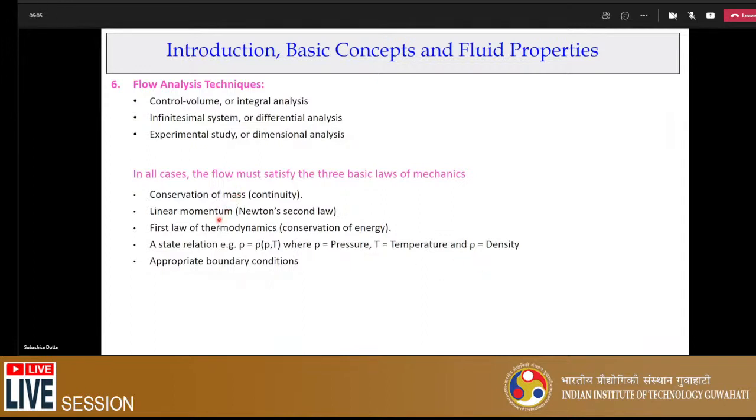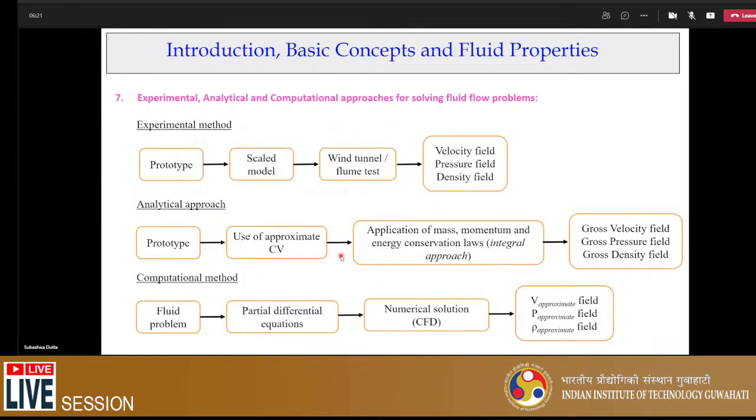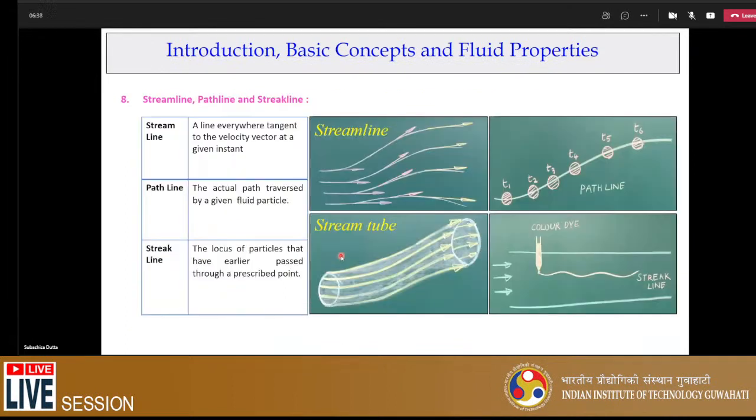And we have very basic laws of mechanics like conservation of mass, linear momentum, angular momentum, and the first law of thermodynamics. These are things I just introduced to you. So you can look at it, and we try to address fluid mechanics problems in a holistic way, either by computational methods, analytical methods, or experimental methods.